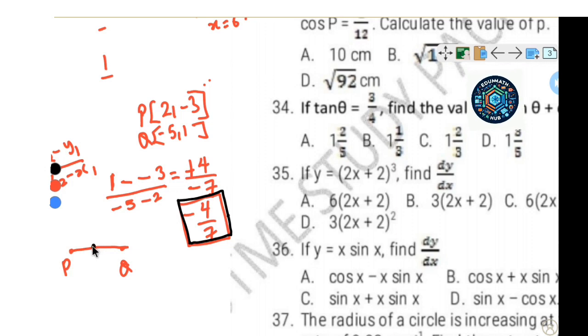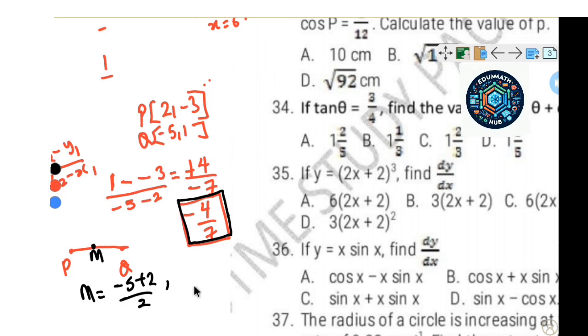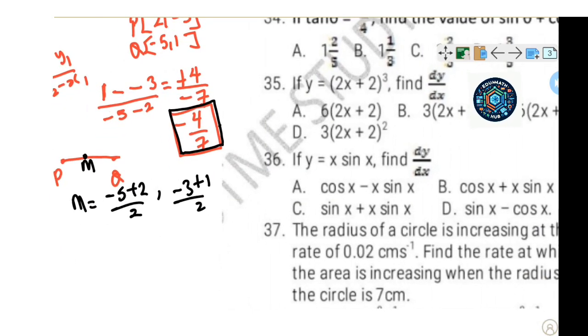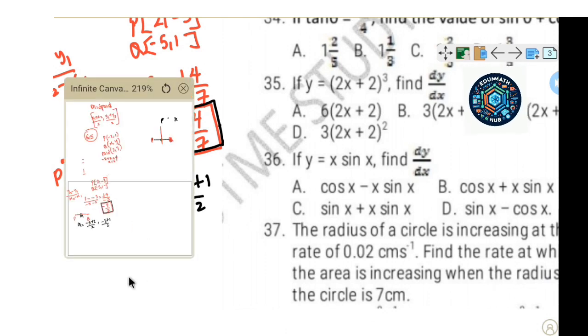So let's find the middle. This is the middle now. Let's say M. The coordinate of M will be, you add these two together and divide by 2. So you have minus 5 plus 2, you divide it by 2, comma, you add this one 2 and divide by 2, minus 3 plus 1 divided by 2. After doing that, this one will give you minus 3 over 2.